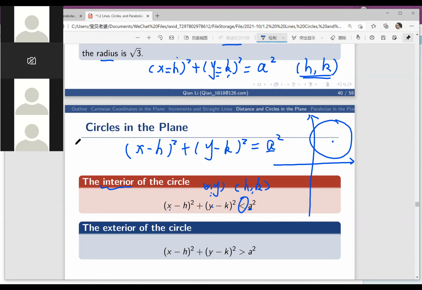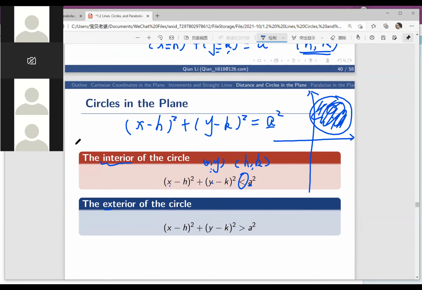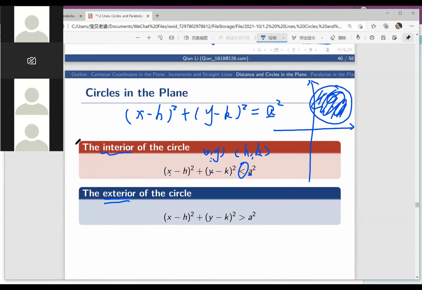And the exterior of this circle means all the points whose distance from the center (h, k) is larger than a.